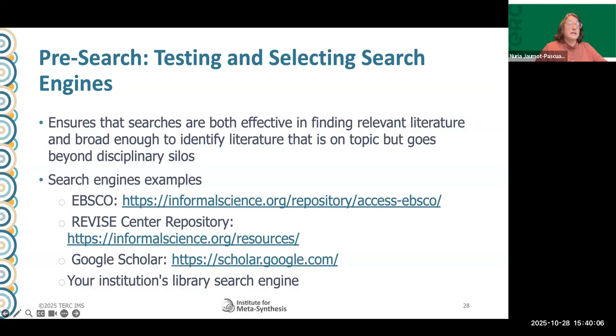We keep a running list of search engines related to our topics, and we have given you a short list of those engines in the handout. If you have others that you have used and like and want to share, you can put them in the chat, and we can add them to the handout.